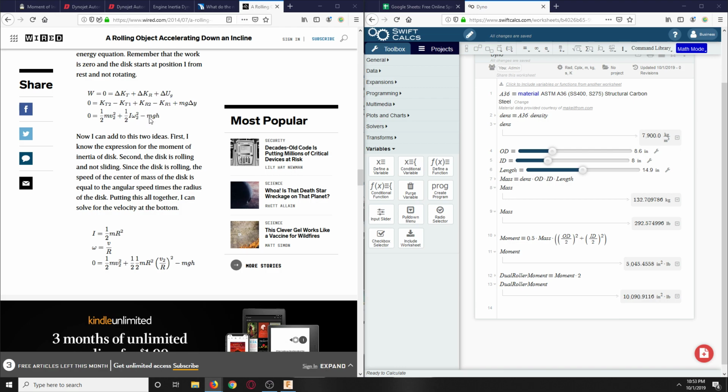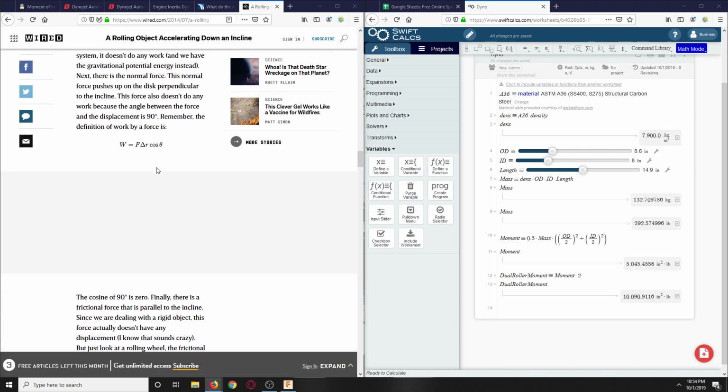So basically he's going to move this over to this side. So 1/2 mv squared plus 1/2 I, moment of inertia, times angular velocity squared. So this is mass and this is velocity. This is basically kinetic energy, plus this, is equal to this.